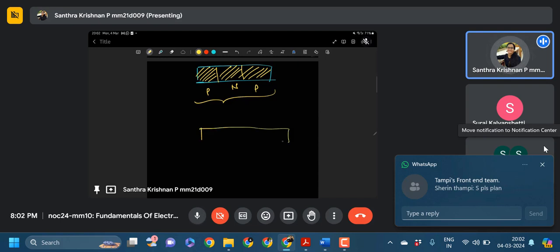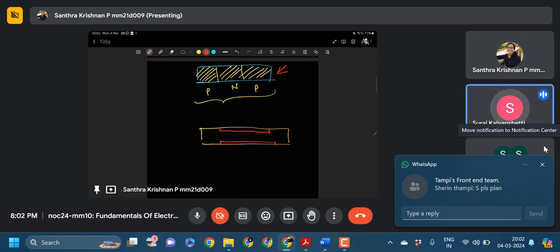Suppose you have an N material, and on top of that you superimpose a P material either by diffusion or some external process. That is what happens in JFETs. Manufacturing-wise, that is the difference.